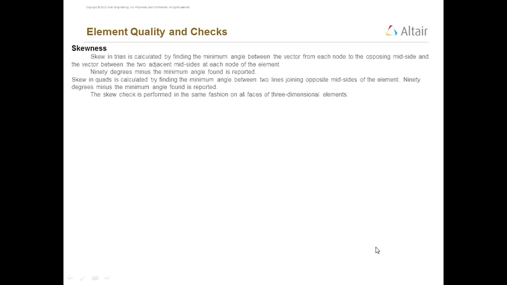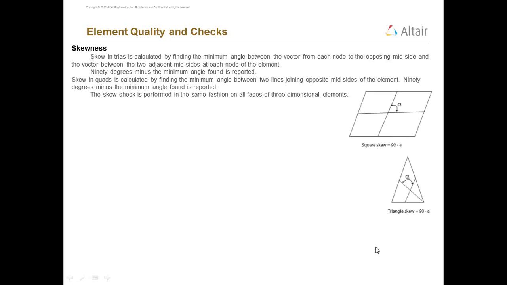So we'll discuss some important quality checks, like skewness. Skew in trias is calculated by defining the minimum angle between the vector from each node to the opposing mid surface and the vector between two adjacent mid sides at each node of the element. As you can see here, 90 degrees minus the minimum angle found is reported as skewness.